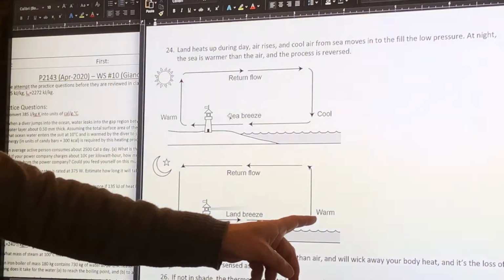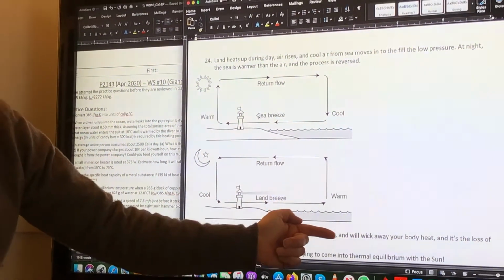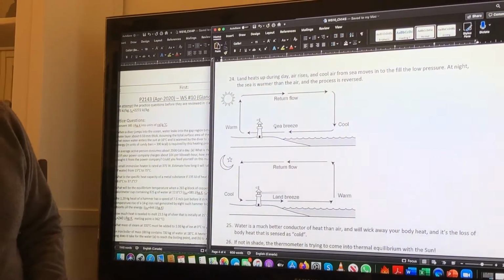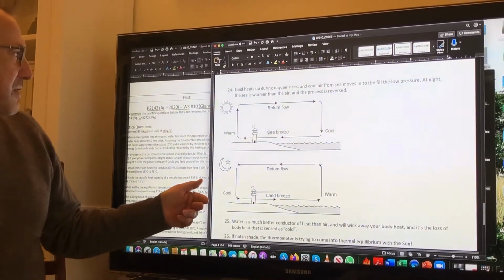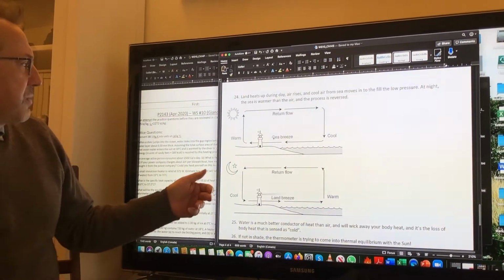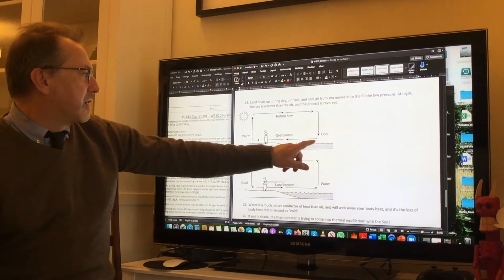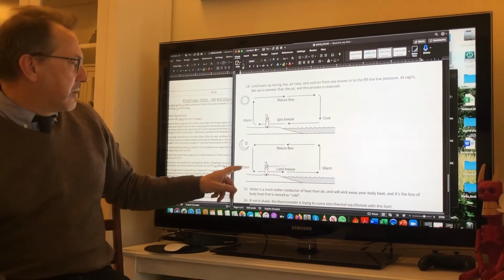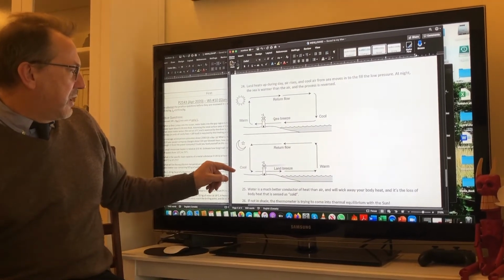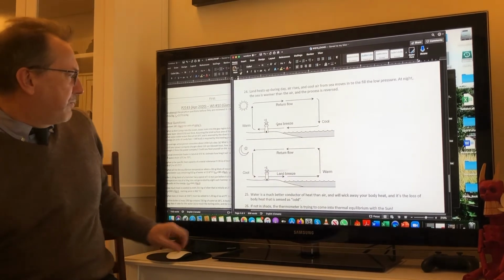So we get a low pressure here, and then the wind blows out, right? So you might notice this, it's not always true, it depends on a lot of other things, but you tend to get, if you live by the sea, on a hot day, a nice cool breeze blowing in, and on a cold night, a nice breeze blowing out, okay?